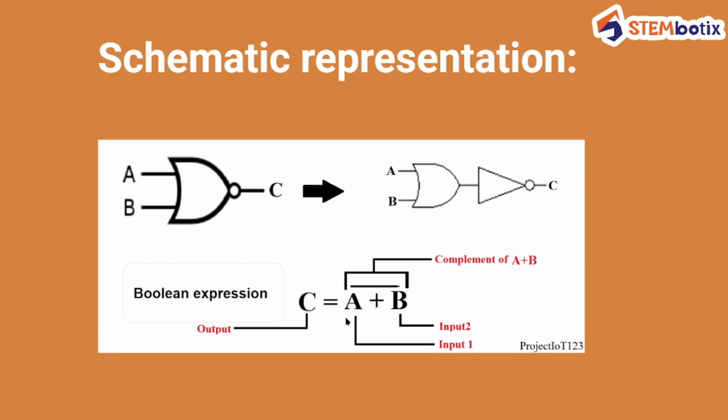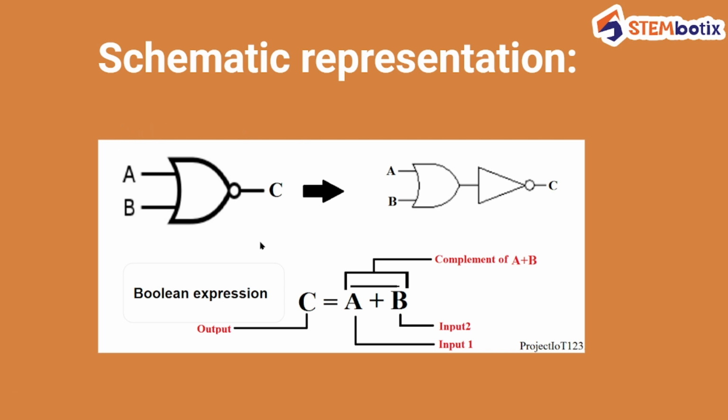Now how do you represent the NOR gate? The NOR gate is nothing but the combination of OR gate and NOT gate. This is how you denote your OR gate, and this is how you represent your NOT gate. In a NOR gate, the inputs are minimum 2. It can increase, but the minimum inputs are 2. Combining both of them would give you this.